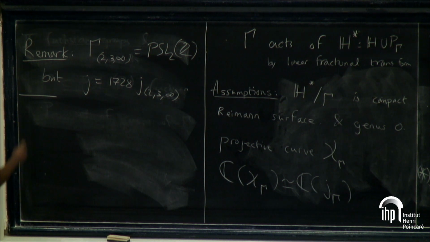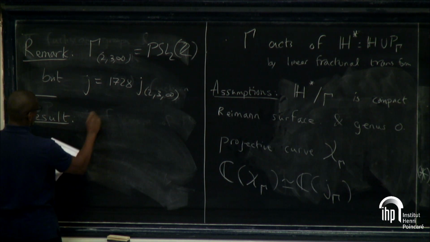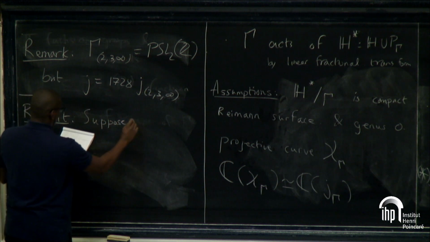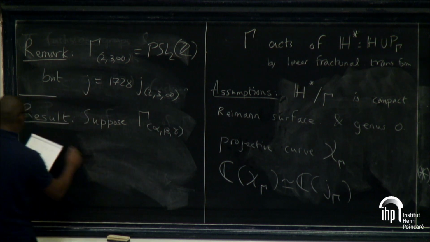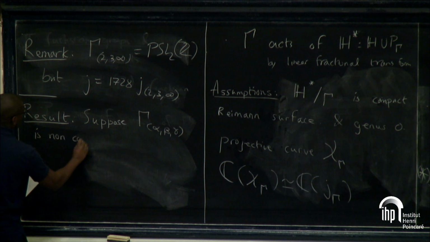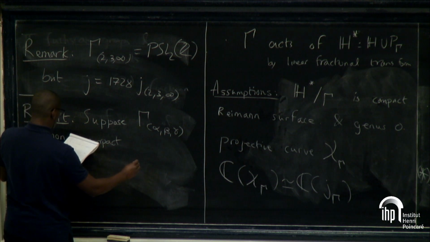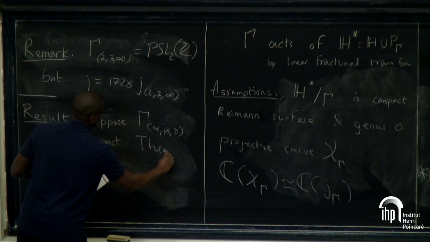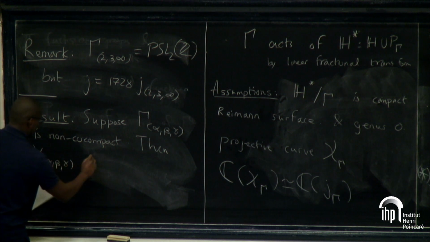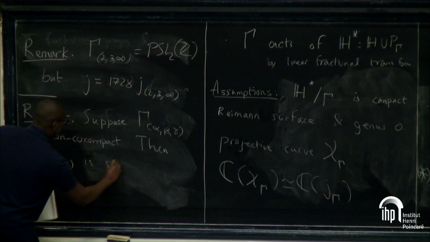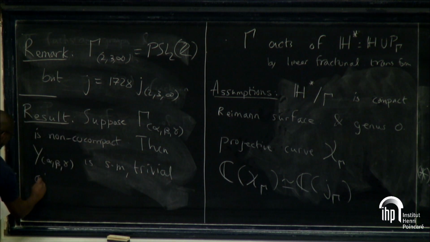So the first one is that suppose gamma is non-co-compact, then the equation is strongly minimal, trivial, and non-omega categorical.